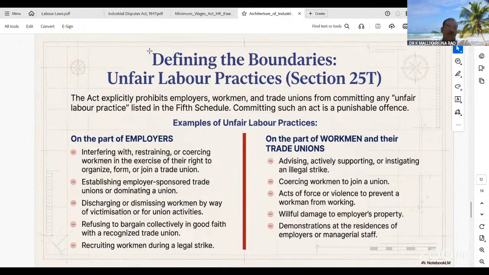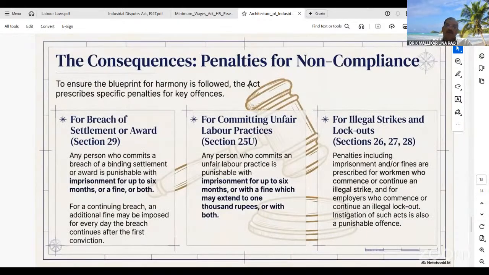Examples of fair labor practices are sitting together jointly and avoiding illegal strikes. Then penalties: if they go ahead without proper procedure, with illegal strikes or illegal lockouts, a penalty can be imposed legally.